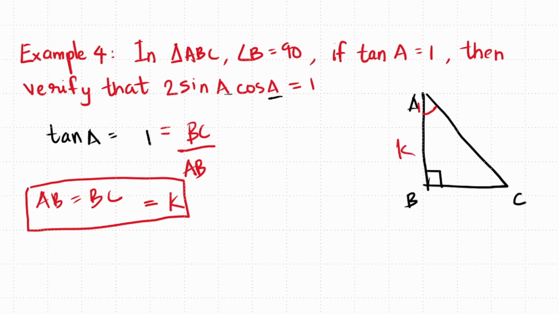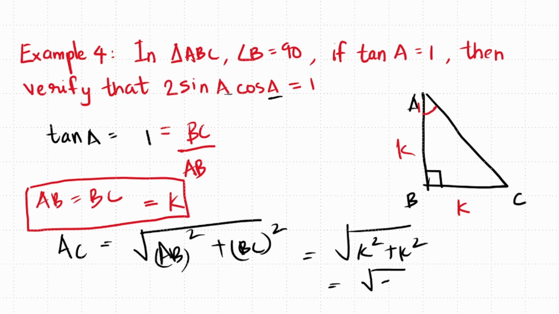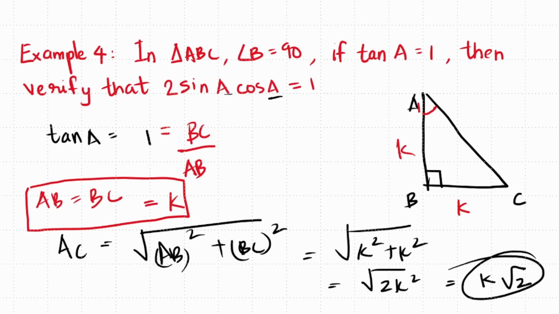You've got K over here, you've got K over here. In order to find sine and cos, you need to know the hypotenuse. For that, you have to use the Pythagoras theorem. AC equals root of AB square plus BC square, which is nothing but K square plus K square, which is 2K square. You can take a K outside, and it is root 2. So we have got AC equal to K root 2.